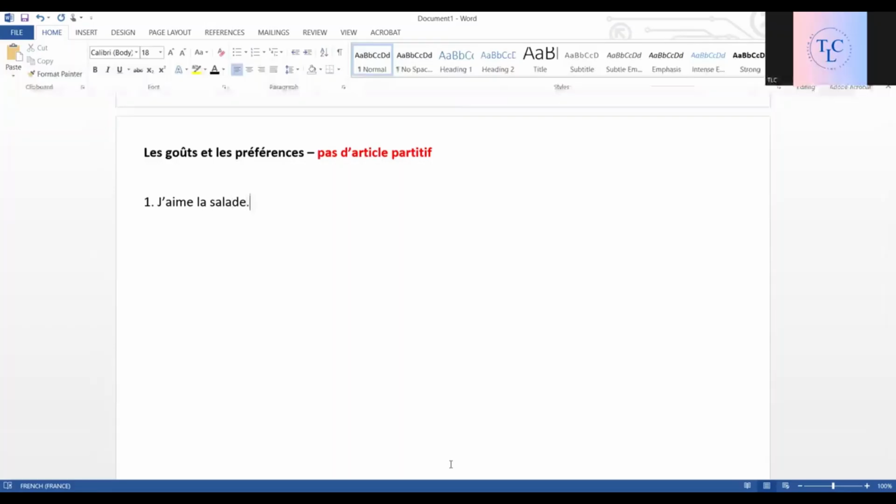So we simply put l'article défini. Okay, we put l'article défini j'aime la salade, or we can also have another example, j'adore le gâteau au chocolat. I love the chocolate cake.